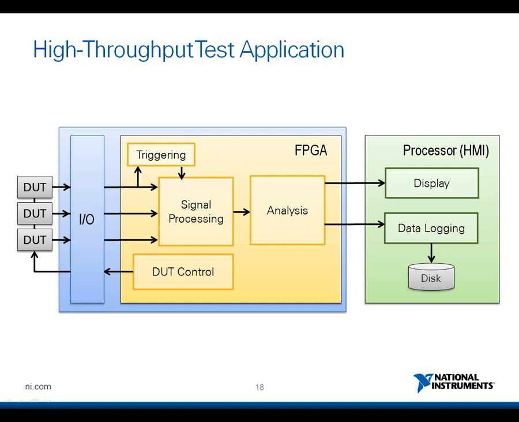This greatly reduces the amount of traffic within the communication bus and frees up the CPU to perform other tasks. Also, since the FPGA can run faster than the rate at which data is acquired, we can guarantee that every sample is seen and processed. And finally, the FPGA can also be used to control the DUT, which allows us to design this entire system using only one device.